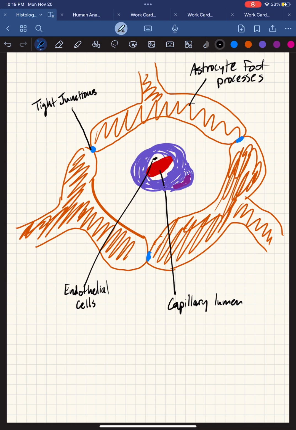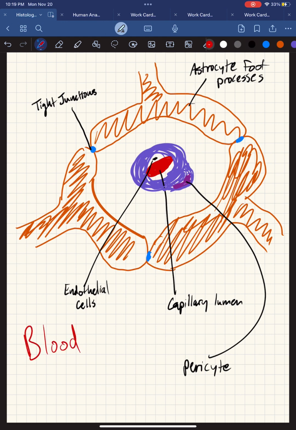This projection off of the capillary lumen endothelial cell matrix is going to be your parasite. And that, my friends, is the blood-brain barrier. All right, and that is going to be the central nervous system.